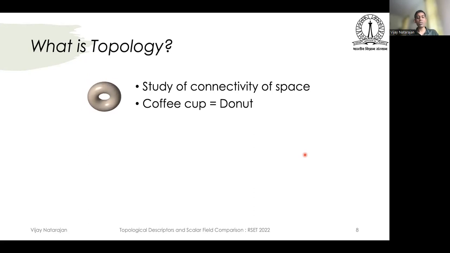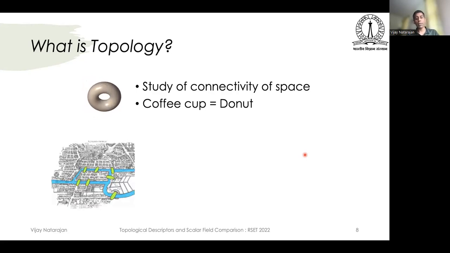While this is easy to state, this is actually a deep statement. It essentially means that we care only about those properties that do not change when you deform a coffee cup into a donut. So topology comes with a rich history, and you can trace its history back to Euler and the problem of the 7 bridges of Königsberg.